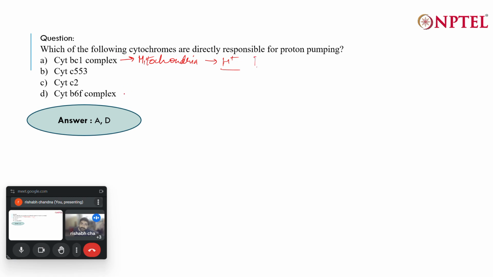And the cytochrome b6f complex, which we just studied, is present in the thylakoid membrane, and it also helps in shifting the hydrogen ions from the stroma to the lumen. So these two cytochromes help in proton pumping. Okay, so any doubts in this question?